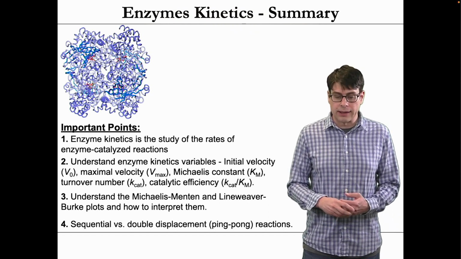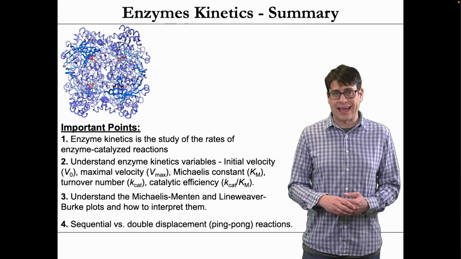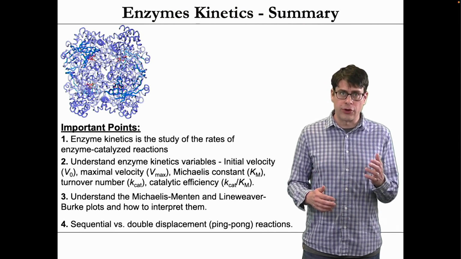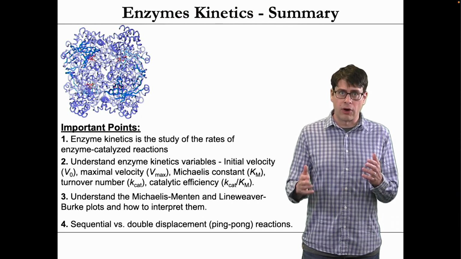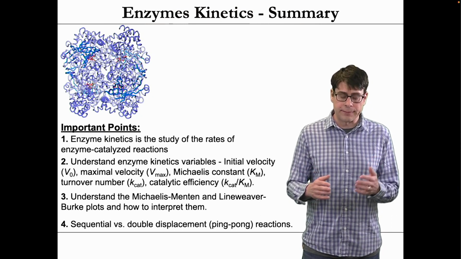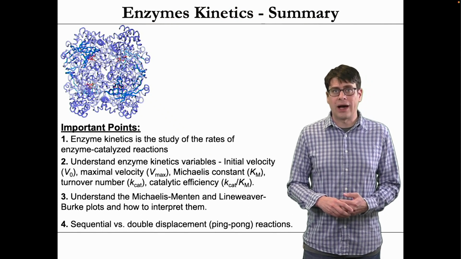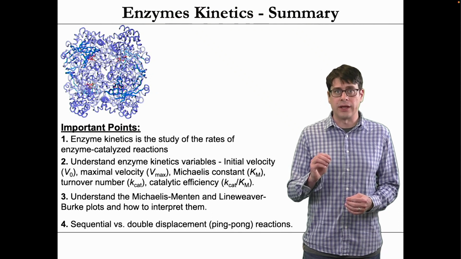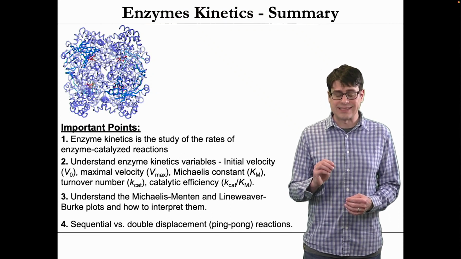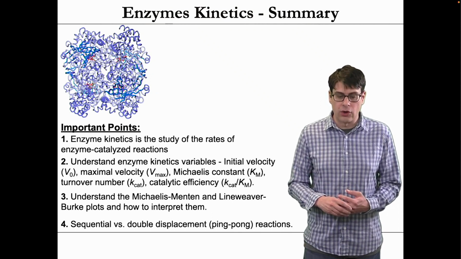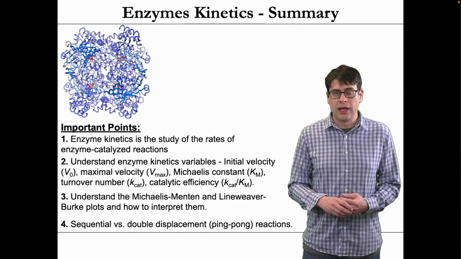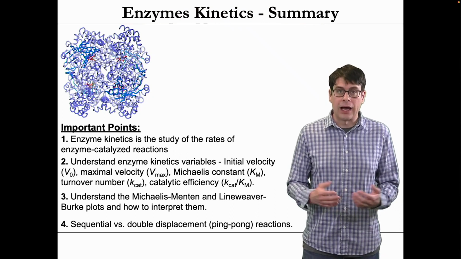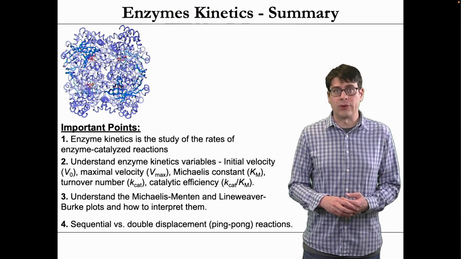And we went over catalytic efficiency, which is Kcat over Km, which takes into consideration both that turnover number and the affinity of the enzyme for the substrate. And lastly, you're going to need to know how to interpret Lineweaver-Burk plots, because these allow you to get more accurate measurements of both Vmax and Km. And you need to know the difference between a sequential and a double displacement or ping pong reaction. So I hope you enjoyed the lecture. Please let me know if you have any questions.